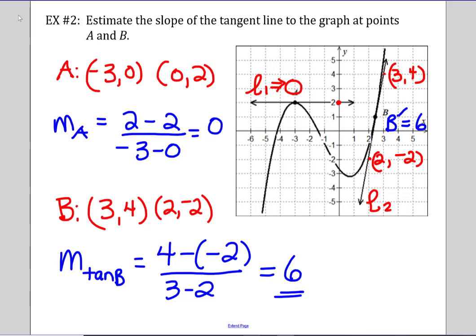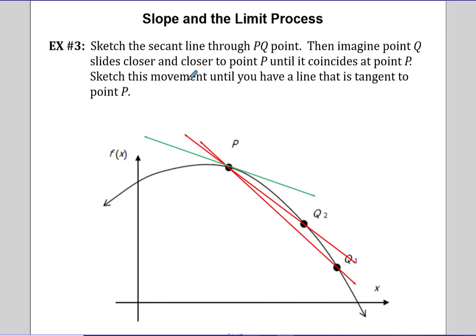Example 3, we want to sketch the secant line through point P and point Q. So that would be this secant line right here. This is the secant line. And if you can imagine, I can't do this mechanically, I can't make it rotate, but if you can imagine that this line gets moved from this Q sub 1 up to this Q sub 2, that first slope through PQ is one rate of change.